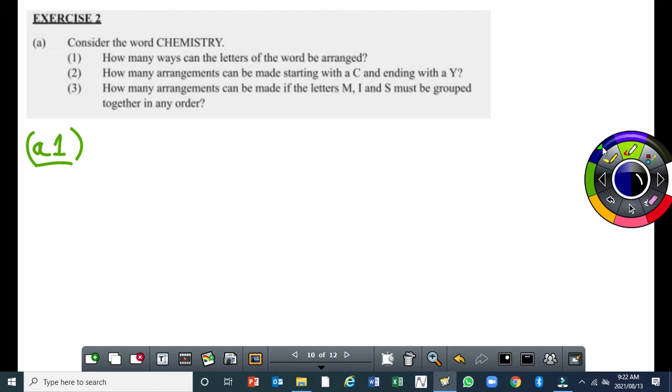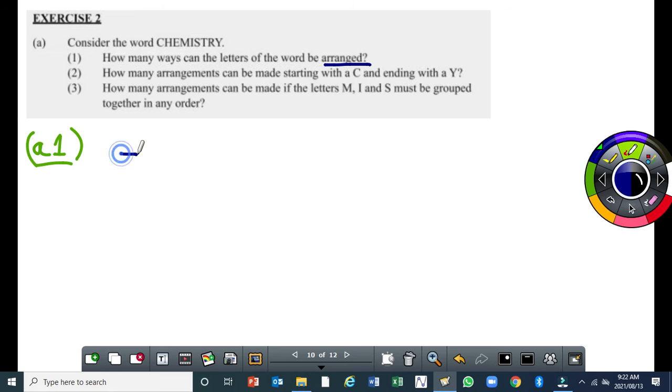Alright? Now, these letters here, they can be arranged. Now, in this case, we don't have a restriction. There are 9 of them. We want to rearrange them for this question here. We are going to consider the fact that there is no repetition of a letter.